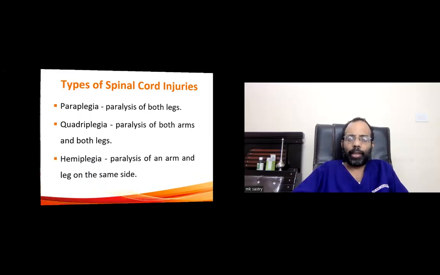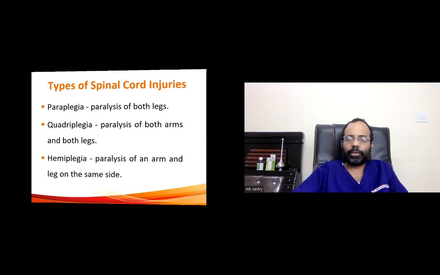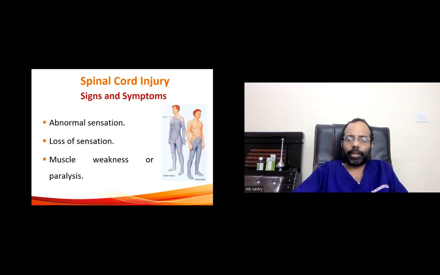Paraplegia, quadriplegia, hemiplegia. They are the three things which you will see in spinal cord injury. Abnormal sensation, loss of sensation, and muscle weakness or paralysis.